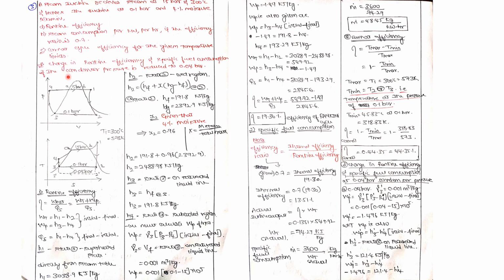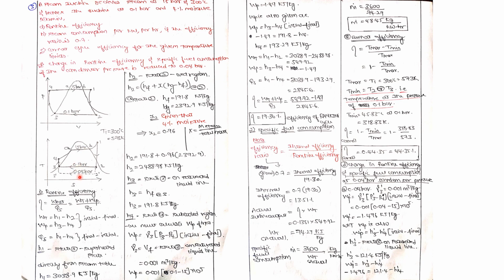Then, the change in the Rankine cycle efficiency and specific fuel consumption if the condenser pressure is reduced to 0.04 bar. Initially it was 0.1 bar. Now he is reducing the condenser pressure to 0.04 bar, as indicated here. So this is the normal cycle, 1 to 2, 2 to 3, 3 to 4 and 4 to 1. 15 bar is your boiler pressure, 0.1 bar is your condenser pressure. In the later stage of the problem, he is reducing this 0.1 bar to 0.04 bar.